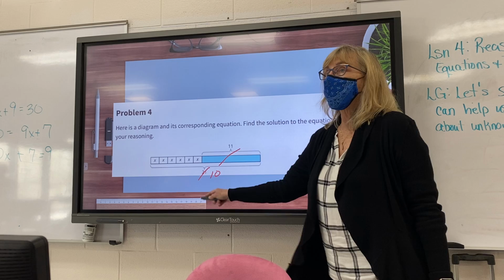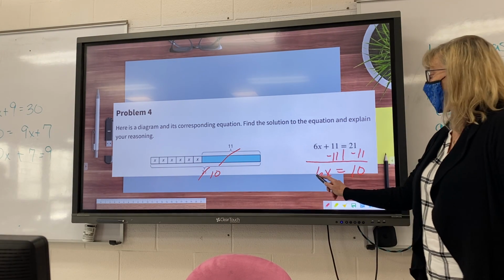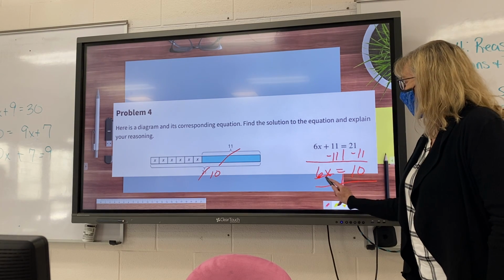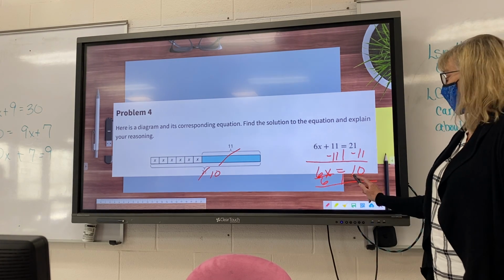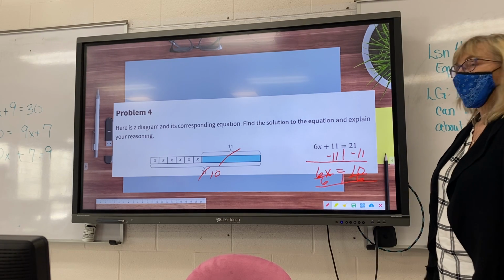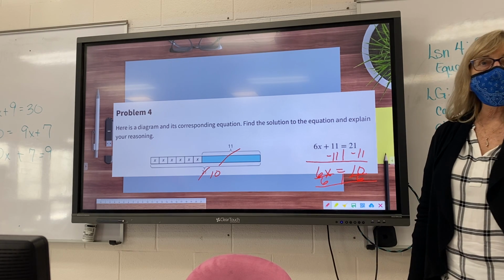Is that what I have showing here? Okay, now what are you going to do next? I'm going to do my upside down T again. I'm going to divide that by 6. I'm going to divide that by 6. 10 divided by 6 is about 1.7. 1.66666.